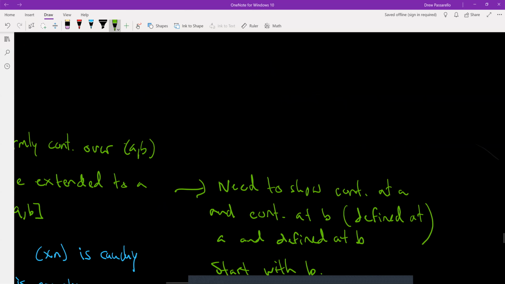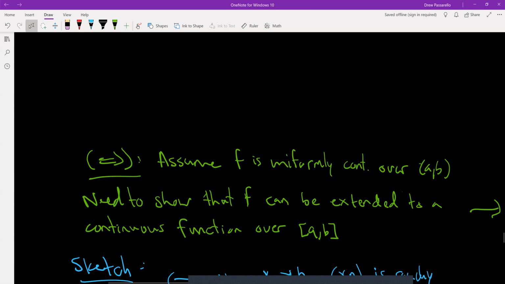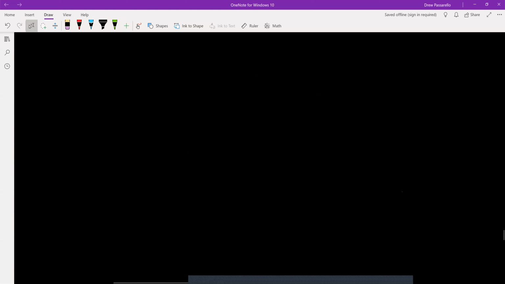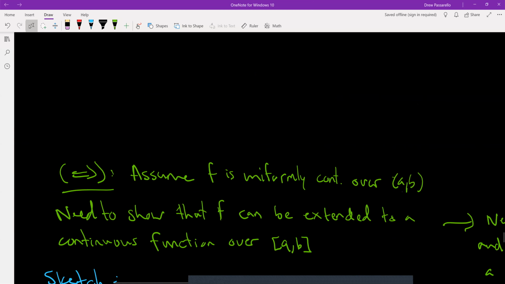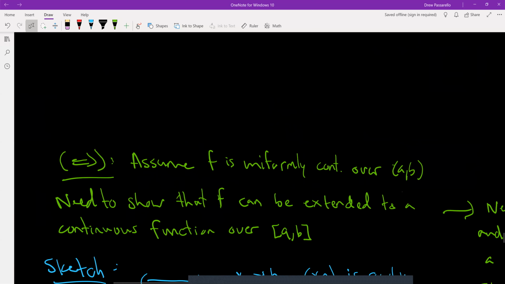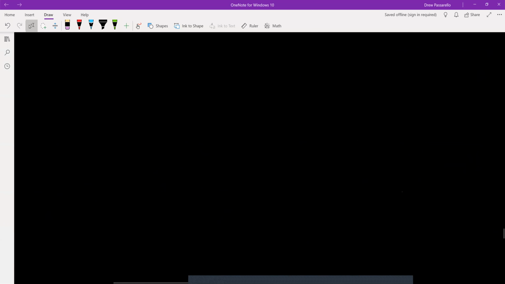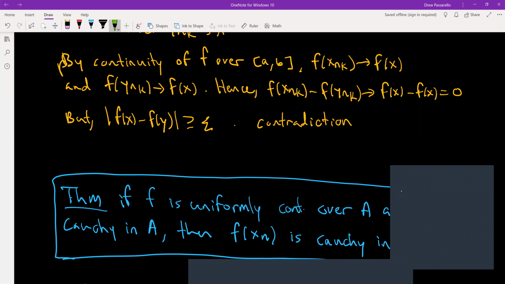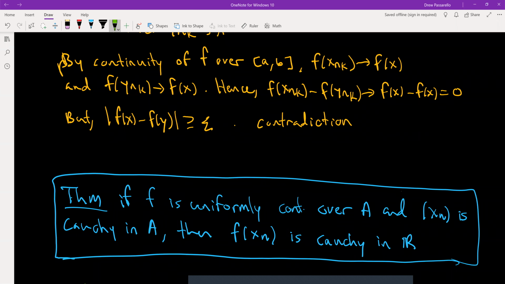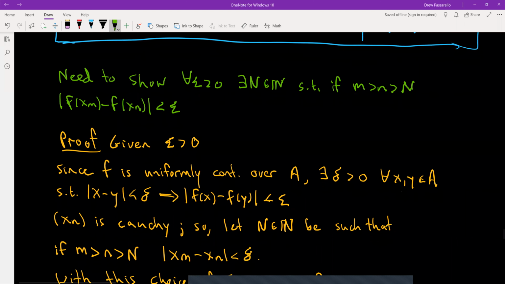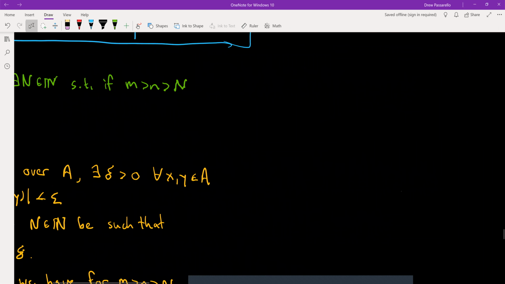All right, that was one of our theorems from earlier: if f is uniformly continuous over set A and xn is Cauchy in A, then f of xn is Cauchy in the reals. So f of xn is Cauchy, which means it converges, since every Cauchy sequence converges.